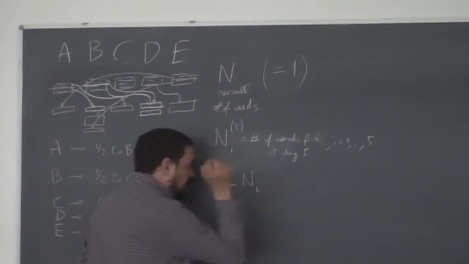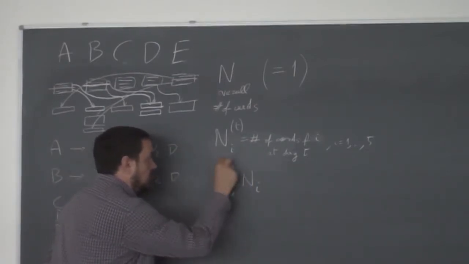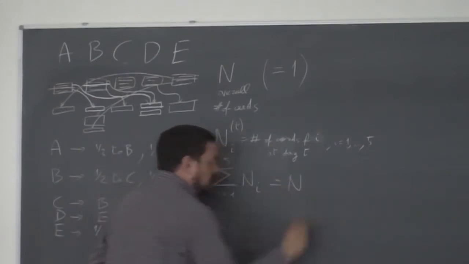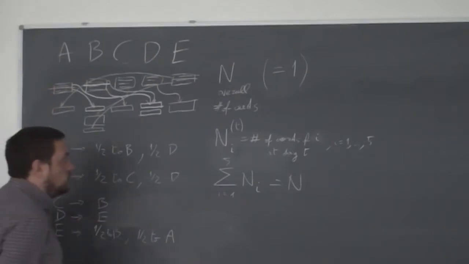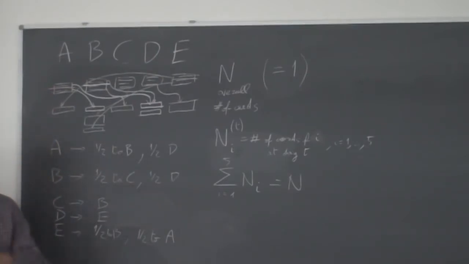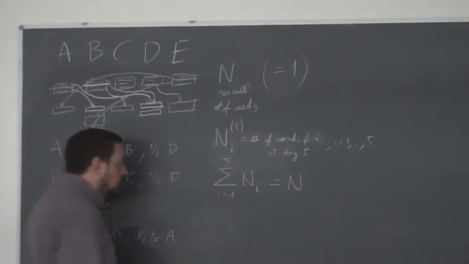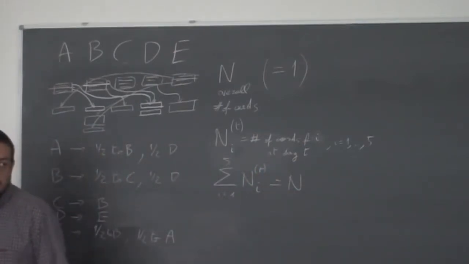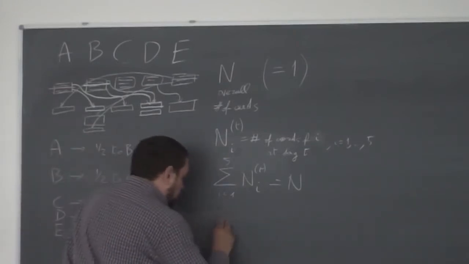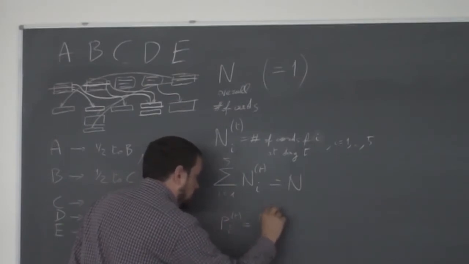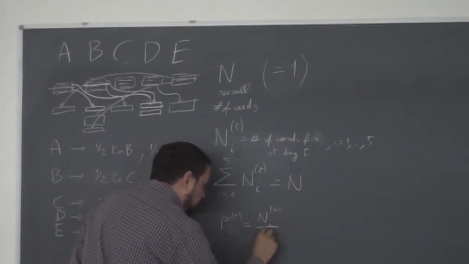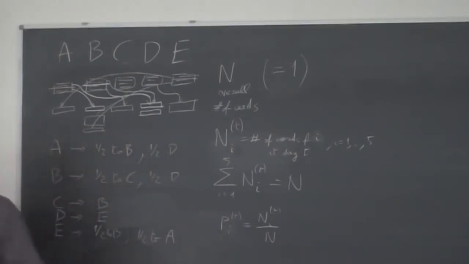And of course we know that the sum of all n(I), with I going from 1 to 5, is the total number of cards n. No cards are ever created or thrown away. The number of cards remains the same always. So at every time we have exactly the same number of cards, but then we can define simply the ratio of cards owned by player I, like this.